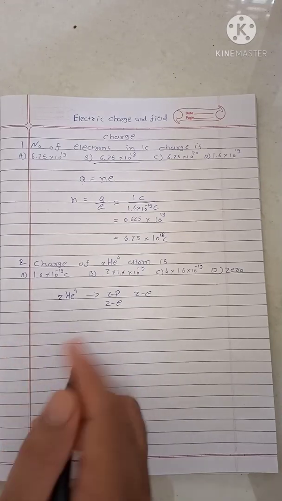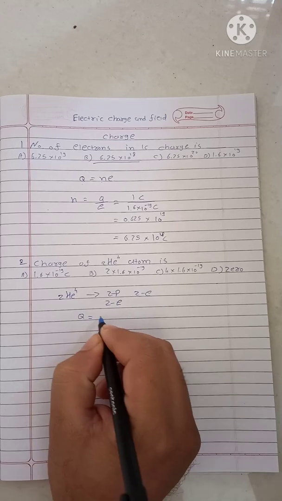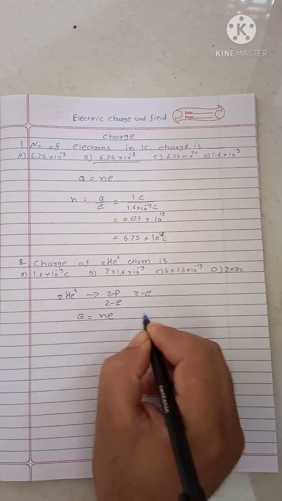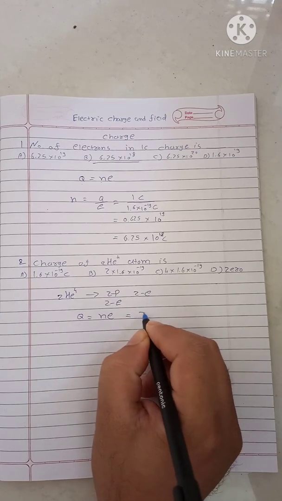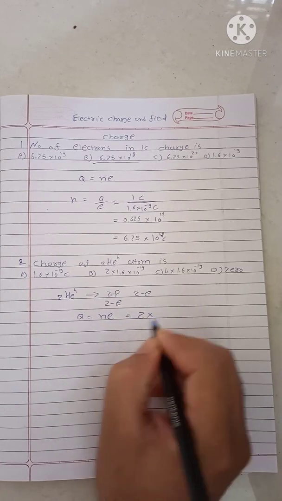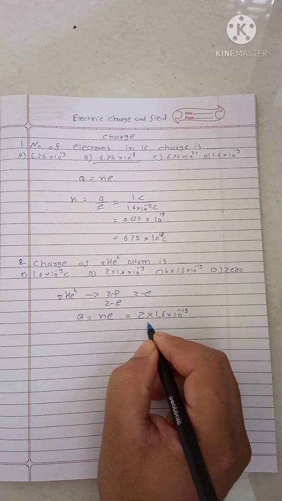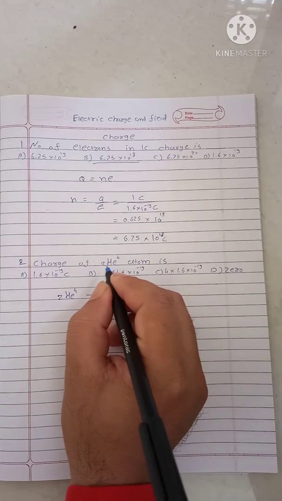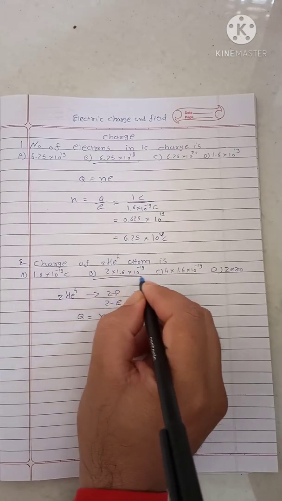So the charge of this atom is equal to q equals n into e, where n is the number of electrons, that is 2, and e equals 1.6 into 10 raised to minus 19. This is the charge of the helium atom, so our right answer will be B.